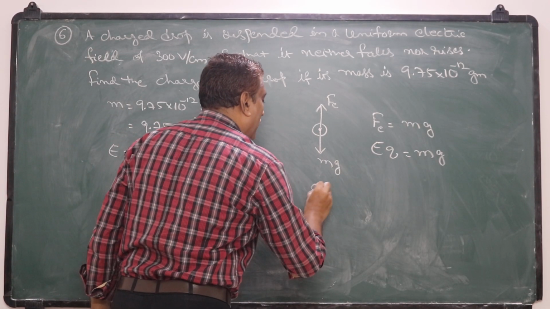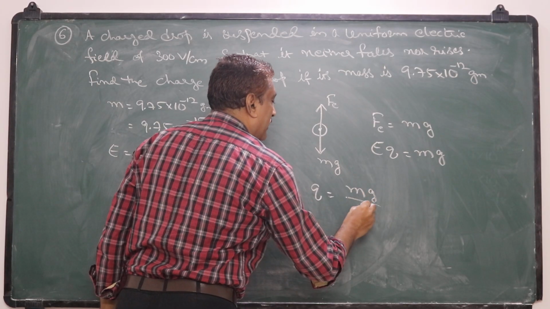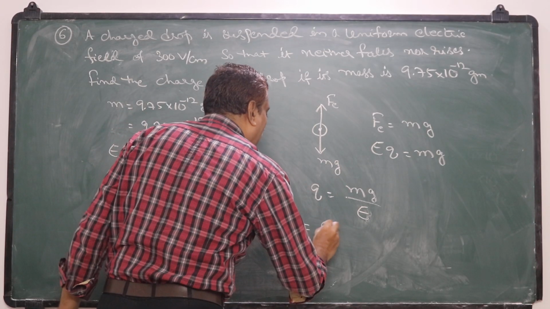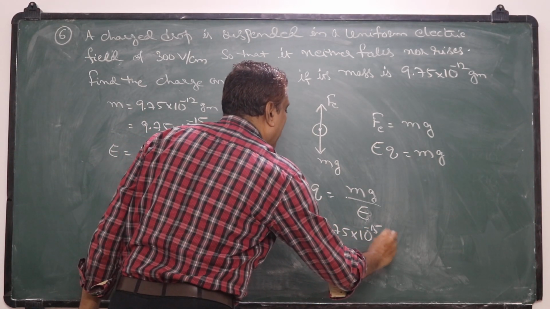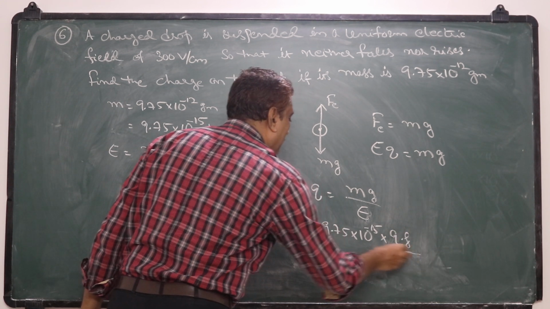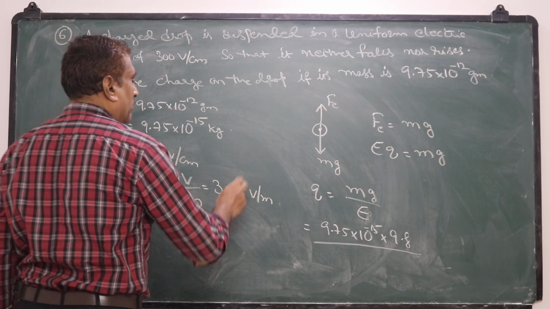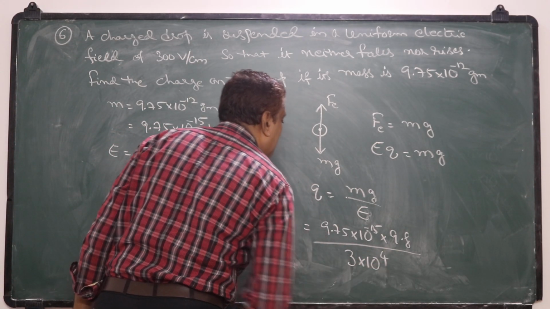So, q is equal to, from this equation, mg by capital E. So, this is 9.75 10 power minus 15 and g value 9.8 by electric field strength, we got it 3 into 10 power 4.